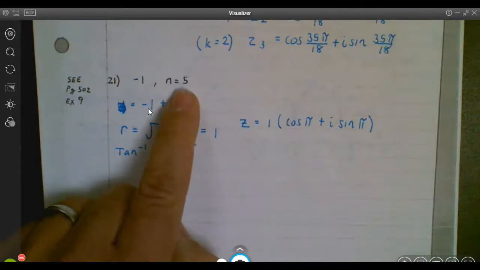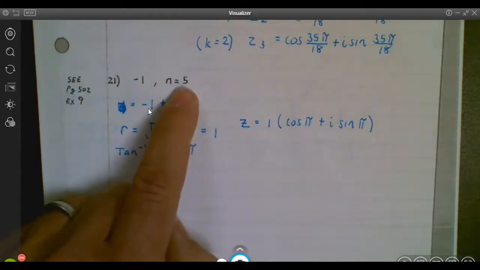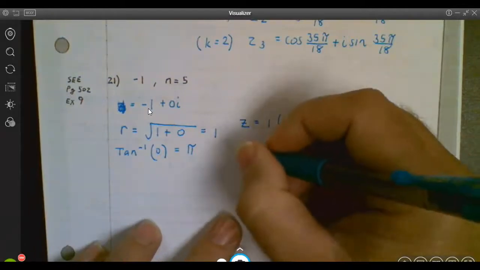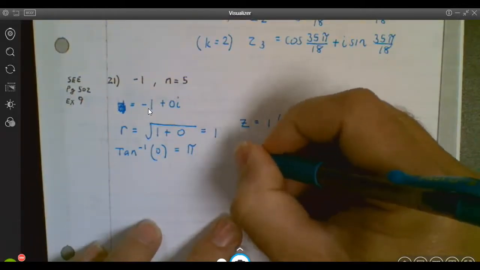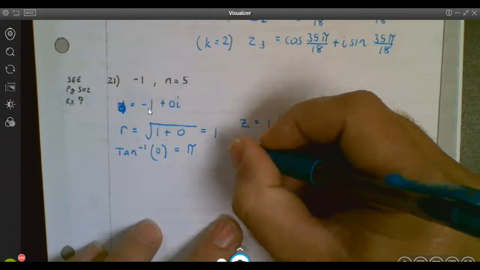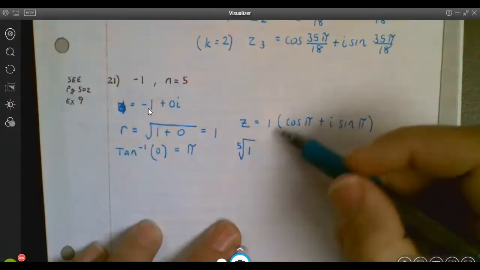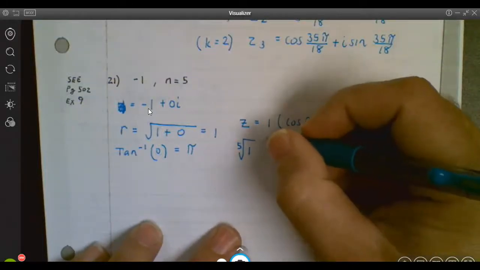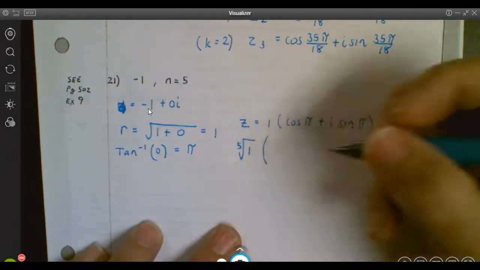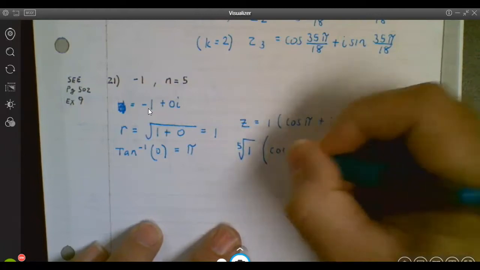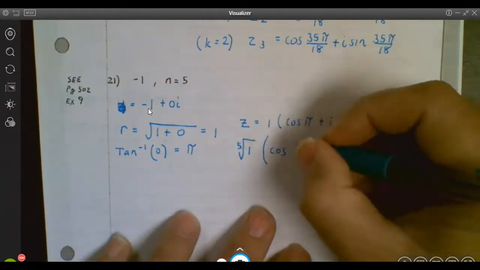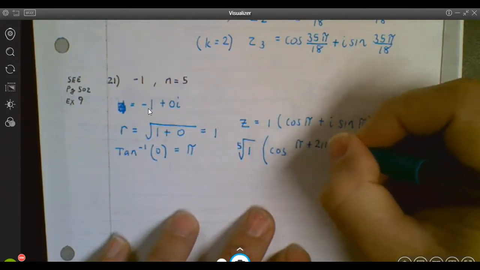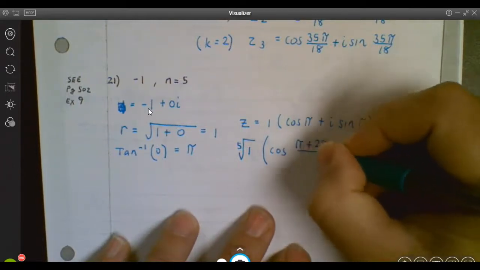If I did want 5 roots on this, I would start out by taking the 5th root of r, which is just going to be 1. So again, you really wouldn't have to write that, but I'm just putting that there for the sake of notes. And then I got the cosine of theta plus 2 pi k over n, which in this case is 5.